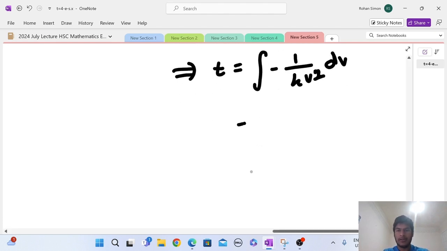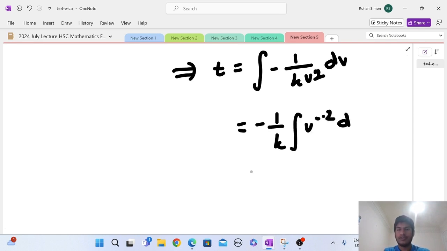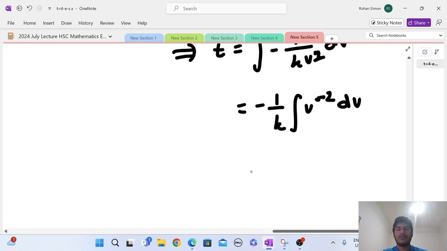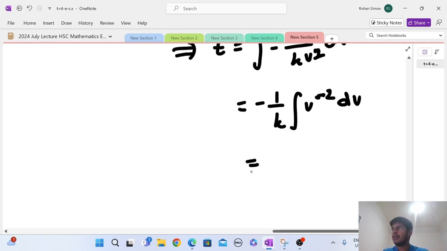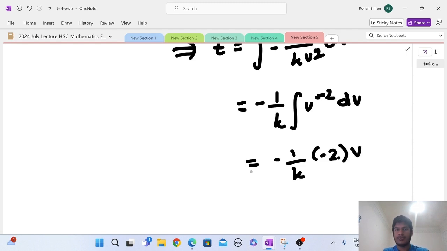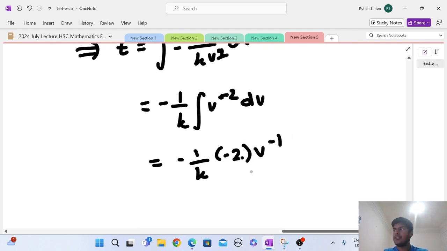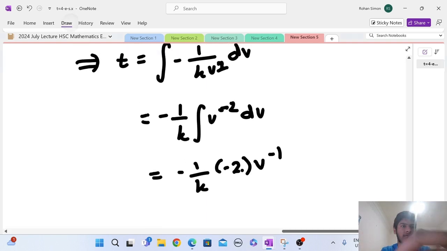And that's just going to be minus 1 on k, integral of v to the minus 2 dv. So using the power rule, we end up with minus 1 on k times minus 2 v to the minus 1 plus c. Oh, sorry, my mistake.